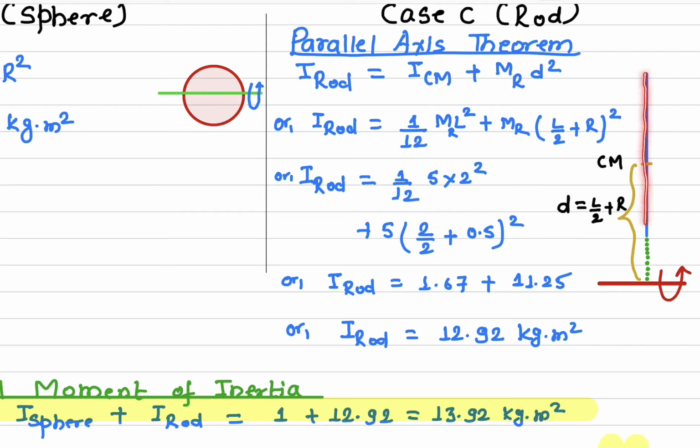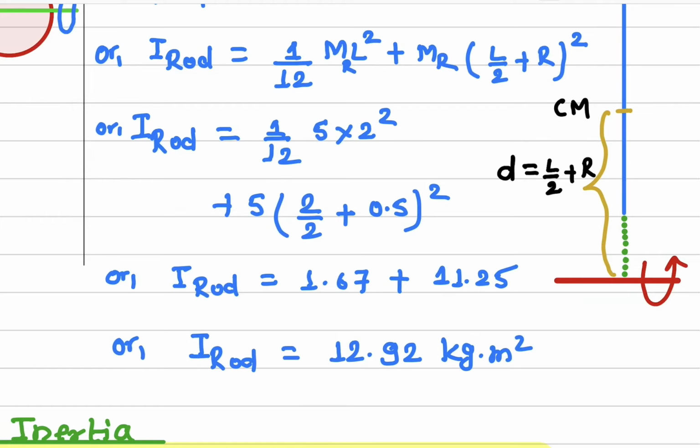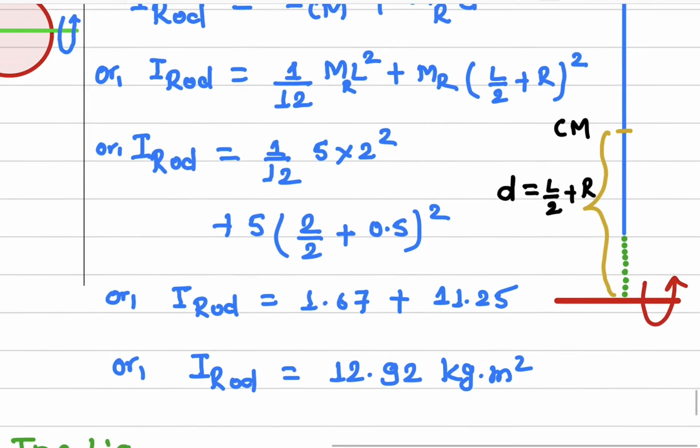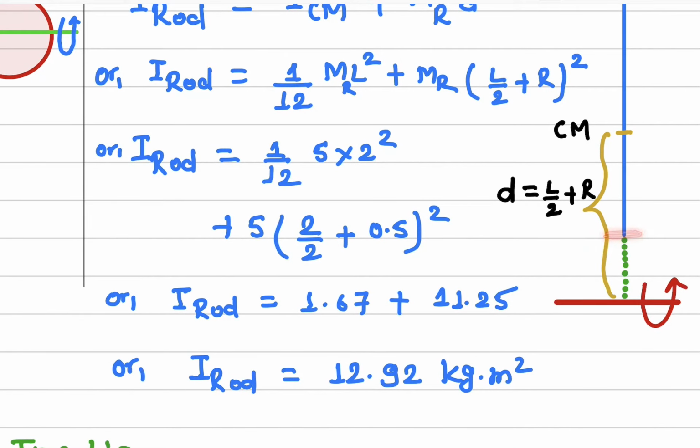The moment of inertia of the rod through the center of mass is this I_CM, and d is the distance between the center of mass and the axis of rotation. And what is this length here? This length is L/2, because this total length is L. From this end to this end is L, and this is the center of mass, and as the rod is homogeneous, this length is L/2, and this is the radius of the sphere. So the total distance will be L/2 plus r.